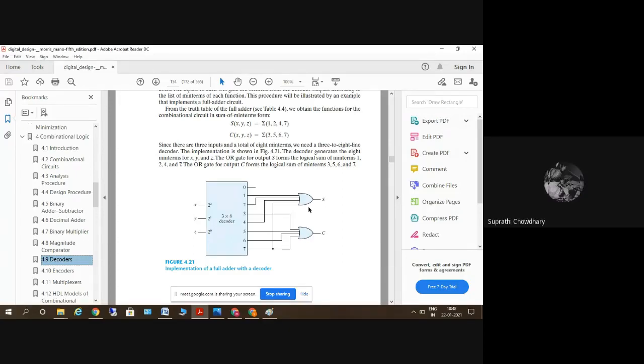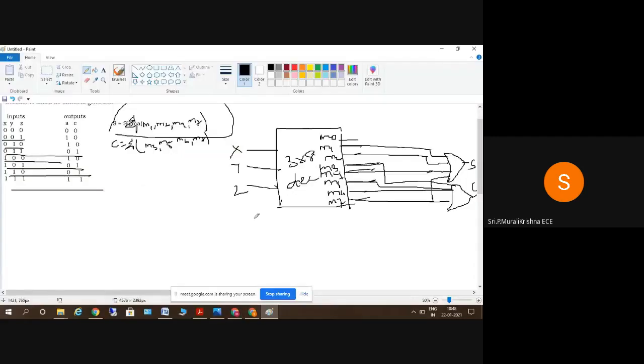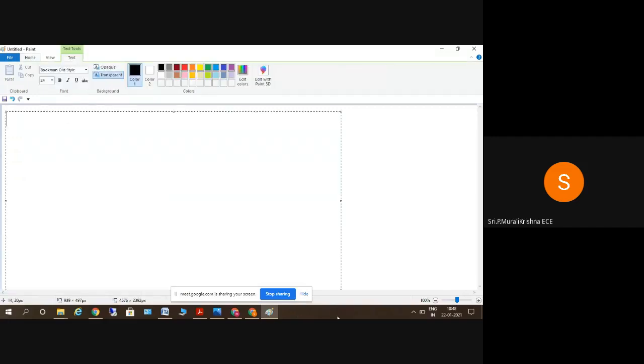So now there'll be another set of problems, which is also a simple one. The problems will be like this: implement the following functions on decoder logic.